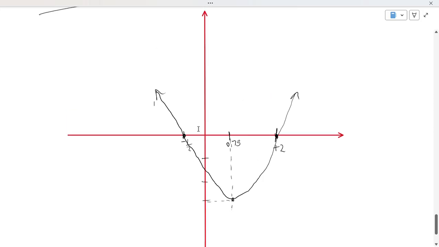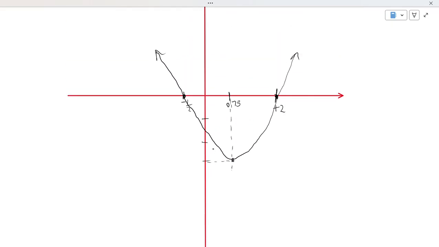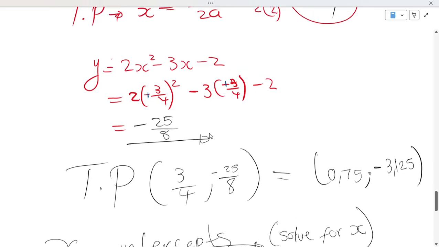What else? So they would say, we found the x values here, right? How do you find this y value? Remember, the y value is the y-intercept. You already have a y-intercept.